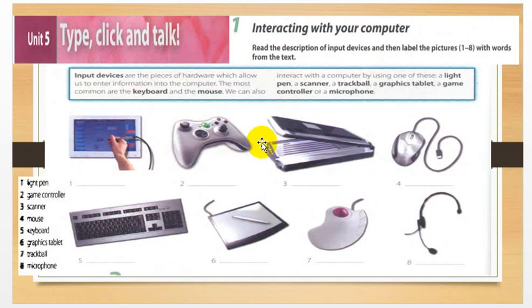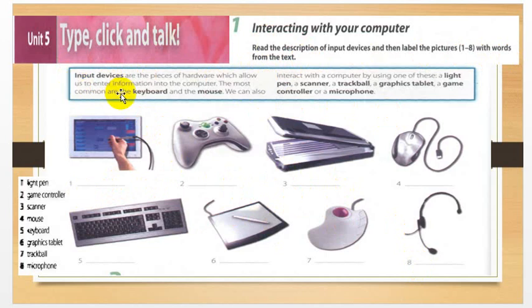Okay, what do we have in this unit? The title of this unit is Type, Click and Talk. In the first task, interaction with your computer. Read the description of input devices and then label pictures 1 up to 8 with words from the text. Here is the description, and here we have the pictures from 1 up to 8.